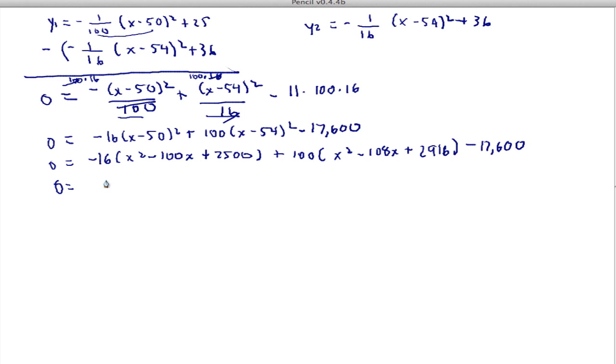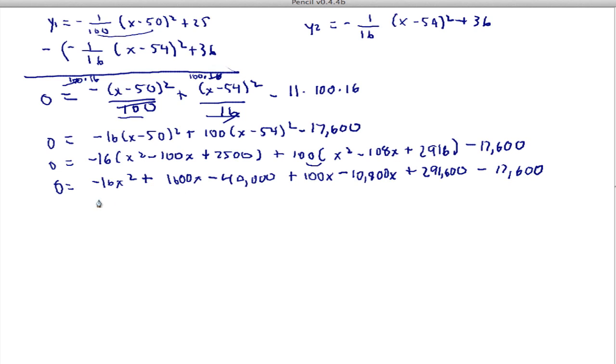So 0 is equal to negative 16x squared plus 1600x, because negative and negative gives us positive, minus 40,000 plus 100x squared minus 10,800x plus 291,600 minus 17,600.